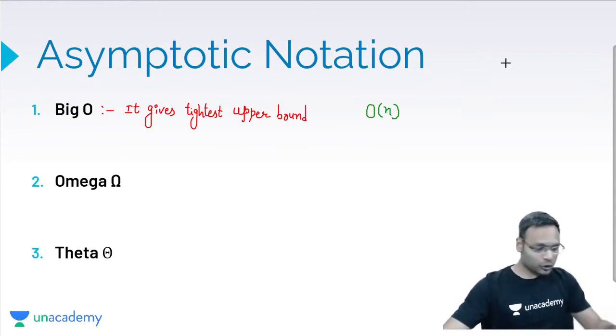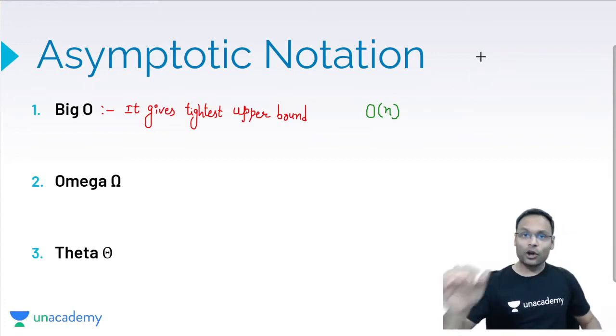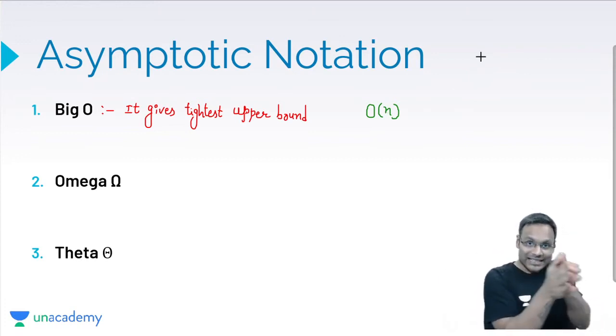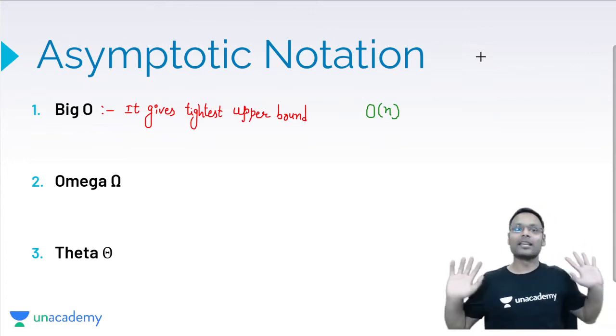But I will ask a cross question. Is it possible that your algorithm can stop with fewer than n steps? You will say, yes, sir.